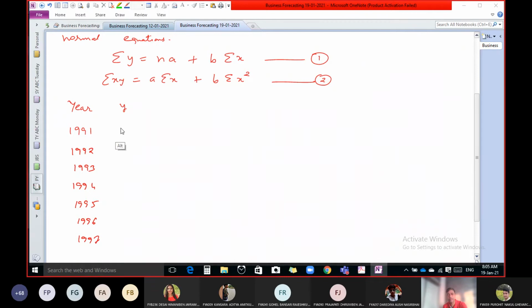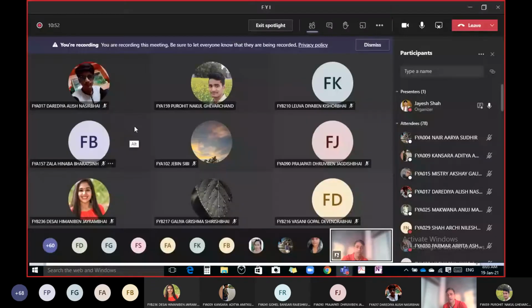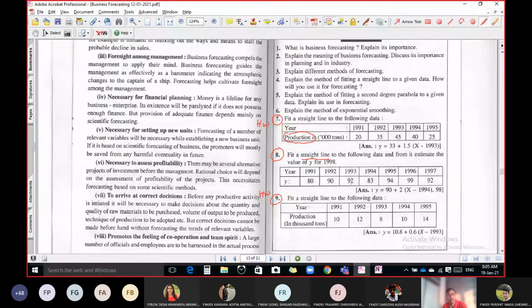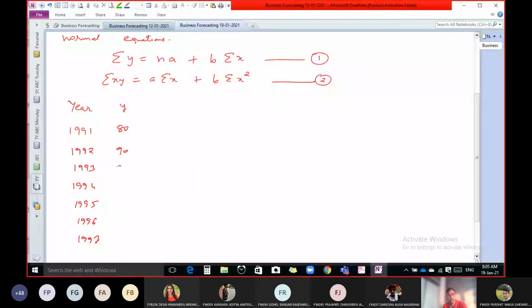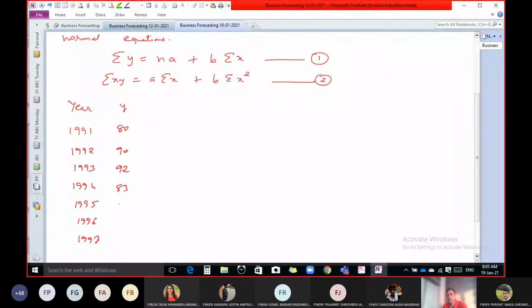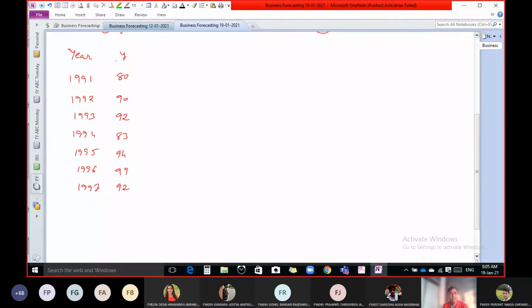Values of y: 80, 90, 92, 83, 94, 99 and 92. Now you can consider the year as x and this is y.